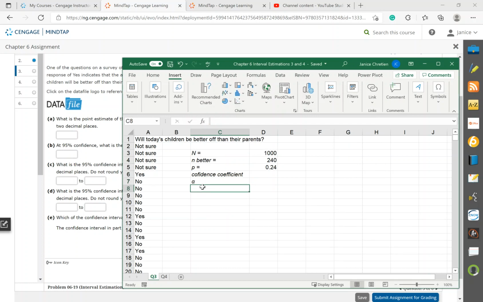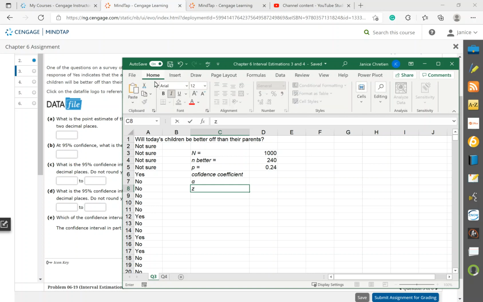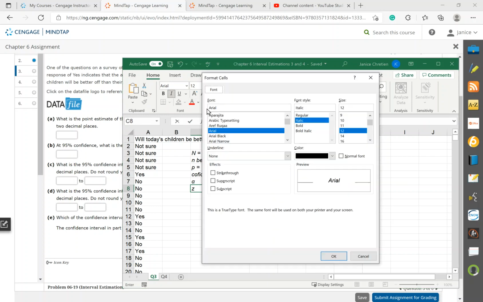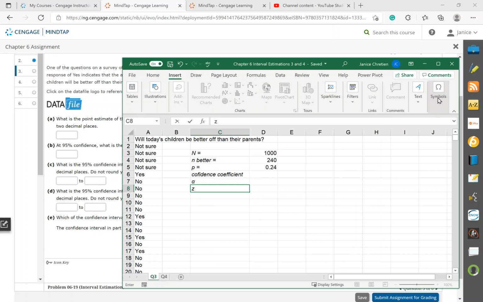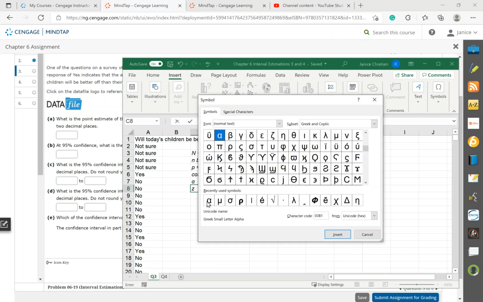I'm going to need my Z, a big Z, when my alpha is divided by 2.